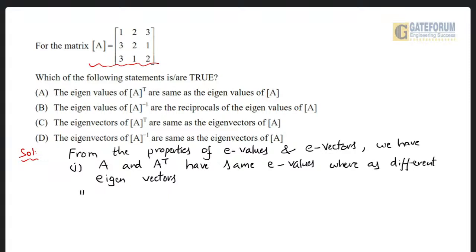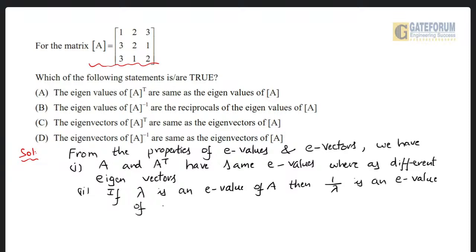2. If lambda is an eigenvalue of A, then 1 by lambda is the corresponding eigenvalue of A inverse.